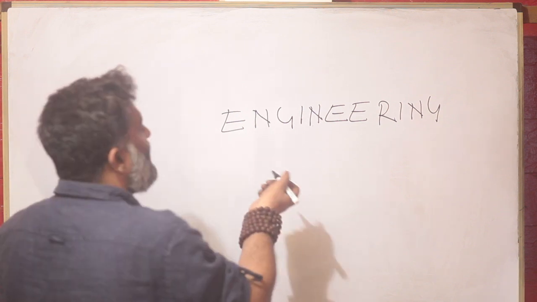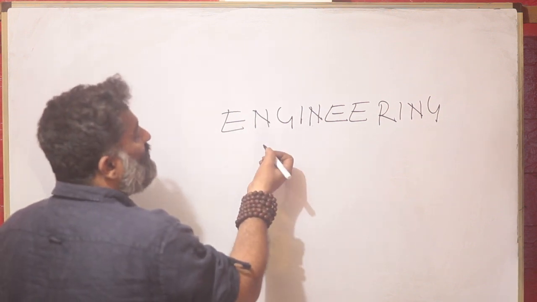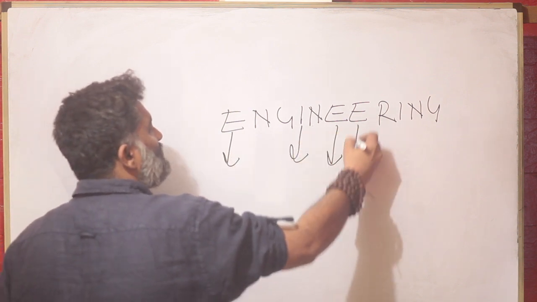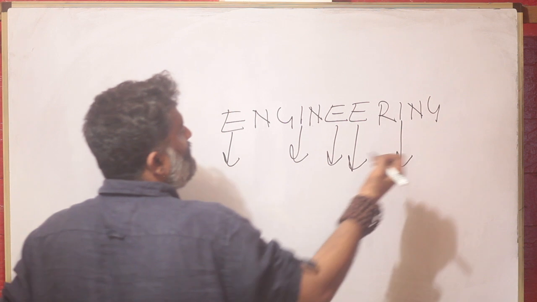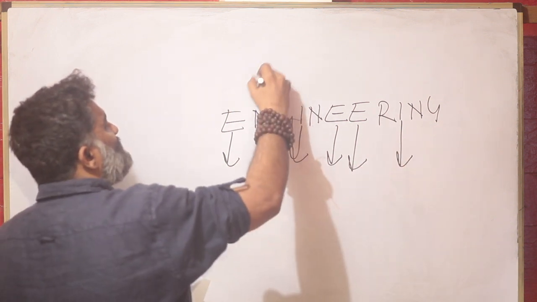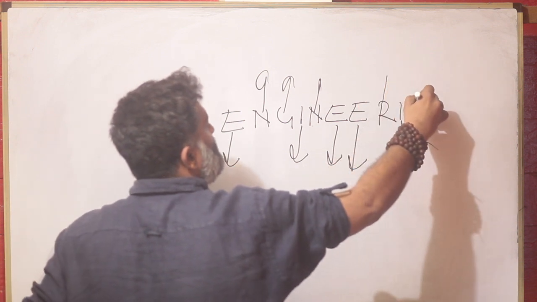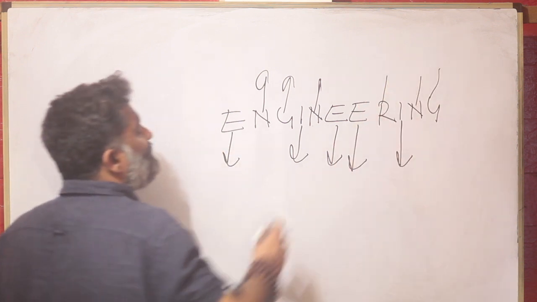So let me first look at what the consonants are and what the vowels are. So this is a vowel, vowel, vowel, vowel, vowel. Consonant, consonant, consonant, consonant, consonant, consonant.